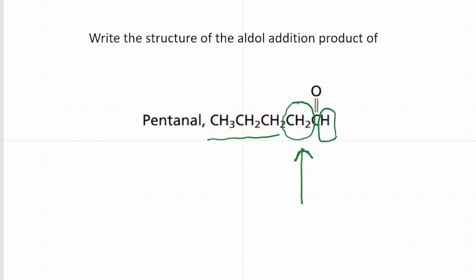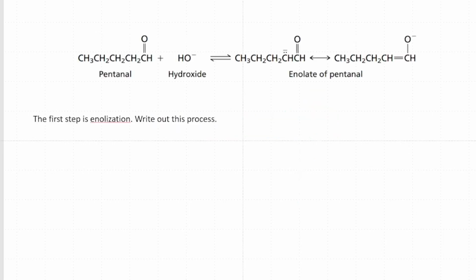So if you assume that the CH2 can undergo enolization in the presence of base, then the first product that's going to be formed is the enolate, which of course exists in resonance with the carbanion, and that would be the first step of the reaction.